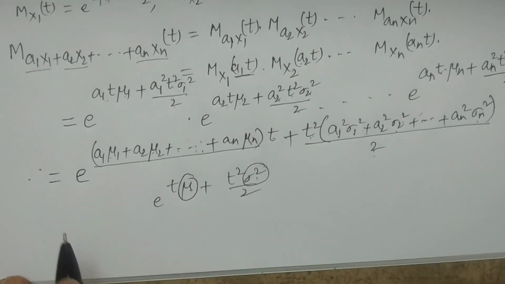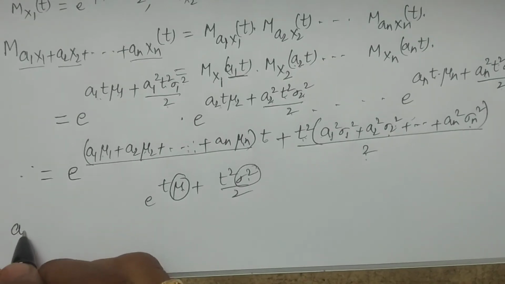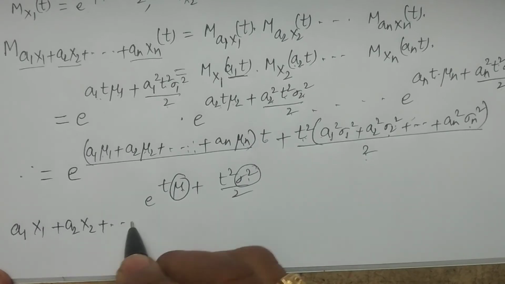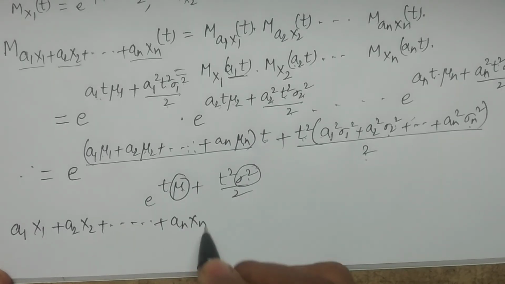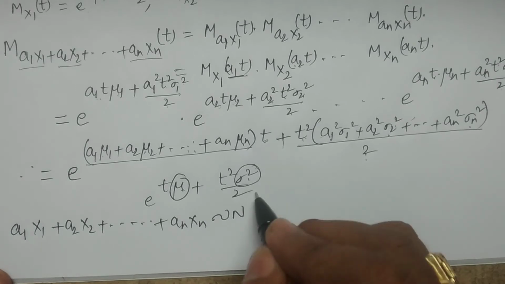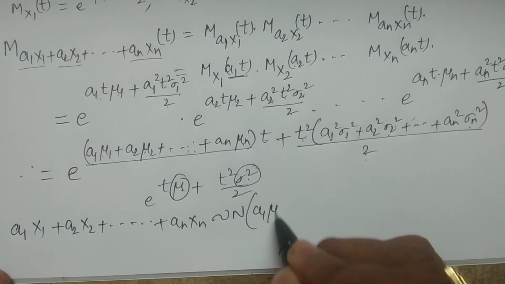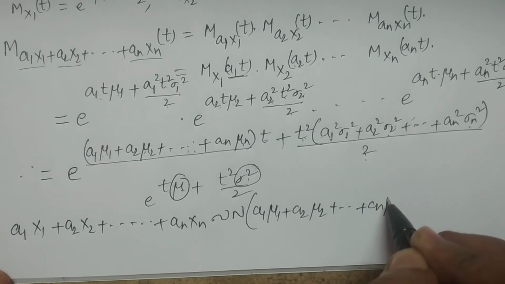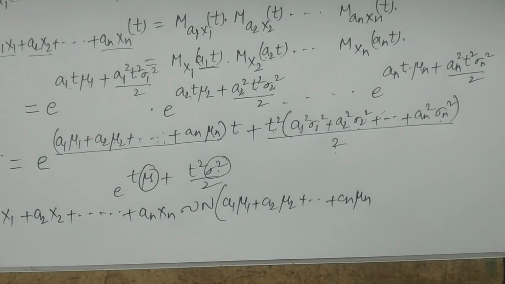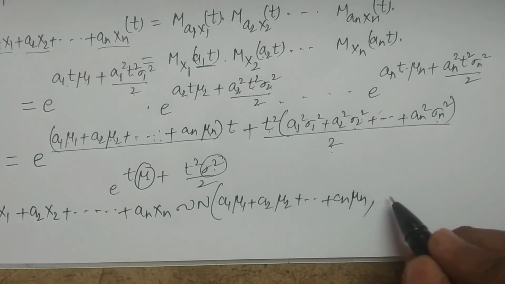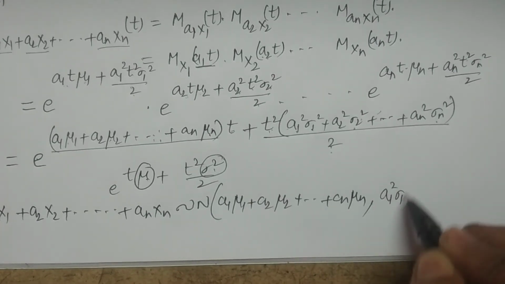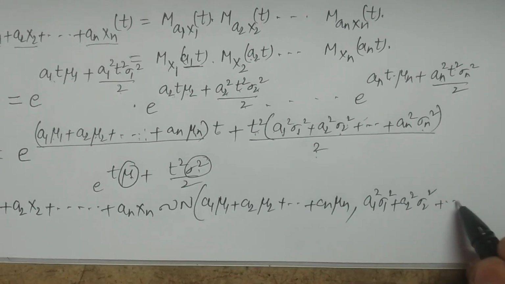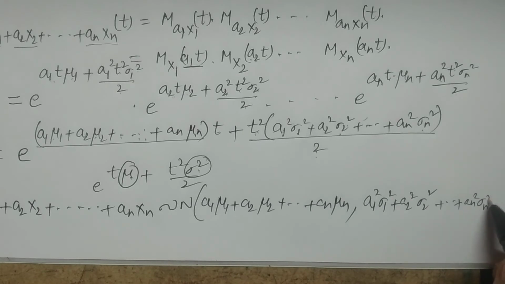Now I write clearly what the distribution is: a1 x1 plus a2 x2 plus and so on plus an xn follows a normal distribution with mean a1 mu 1 plus a2 mu 2 plus and so on plus an mu n, and variance a1 square sigma 1 square plus a2 square sigma 2 square plus and so on plus an square sigma n square.